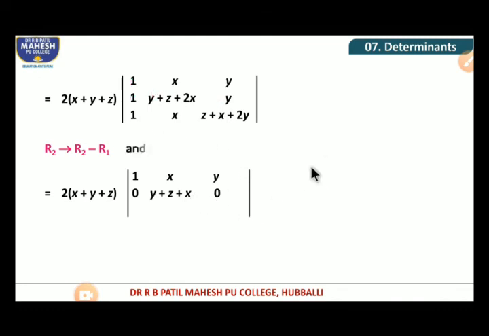Similarly do the operation r3 changes to r3 minus r1, and we have 1 minus 1 is 0, x minus x is 0. Here z plus x plus 2y minus y becomes x plus y plus z, so that 0 0 z plus x plus y, and these two terms are the same. And just observe, in the first column we have 2 zeros, so we can expand this determinant along c1.